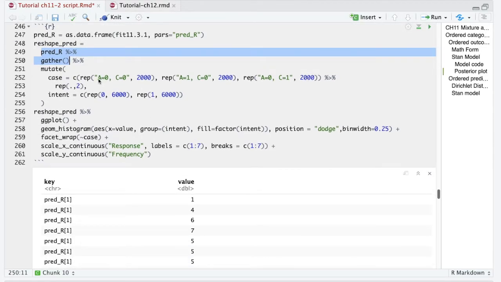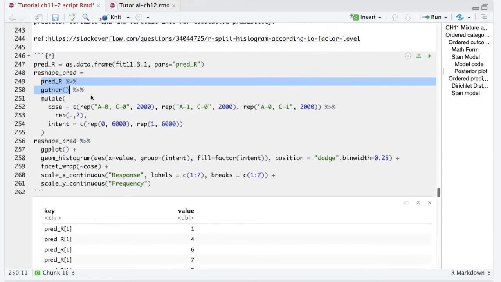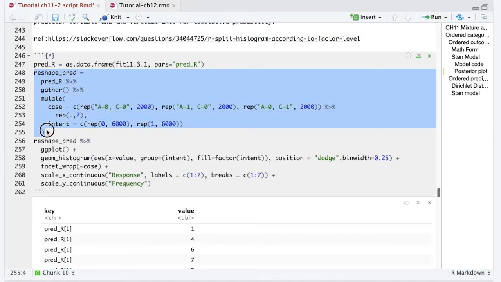These are for action and contact. And for intention, the first 3 scenarios are all 0, and the last 3 scenarios are all 1, so 6,000 rows for both of them. After doing this, the data will look like this.